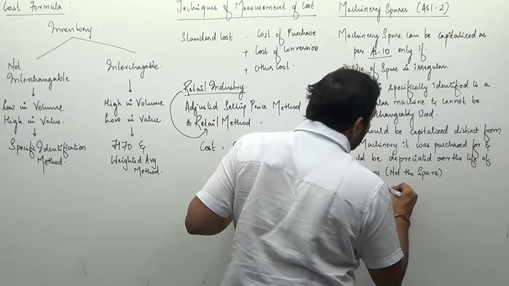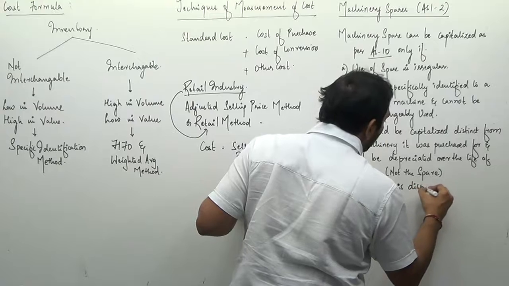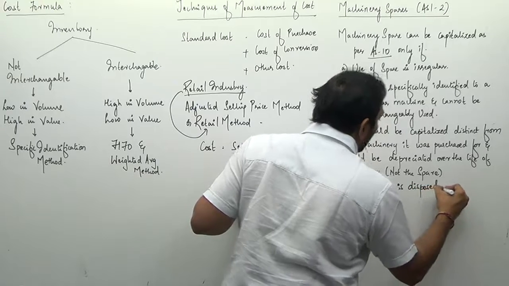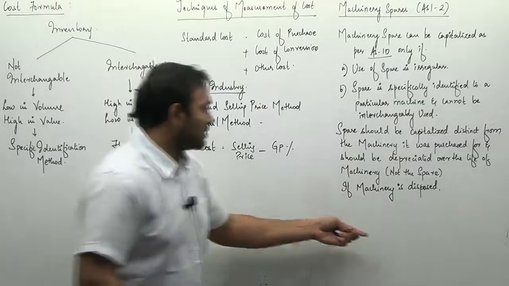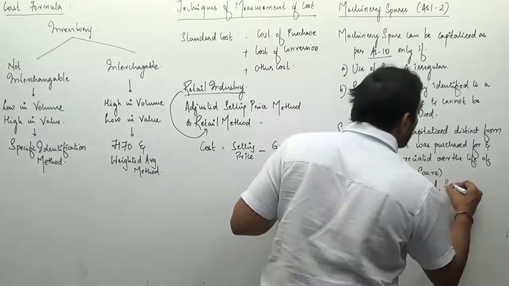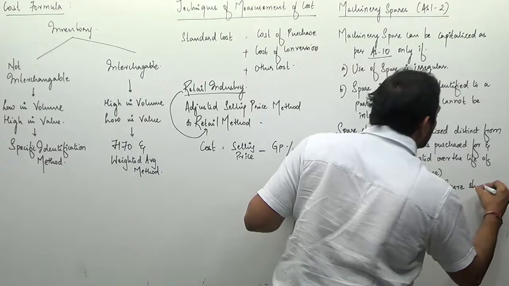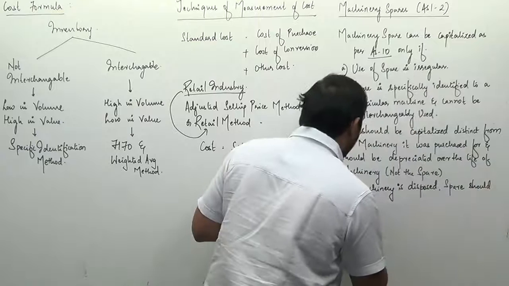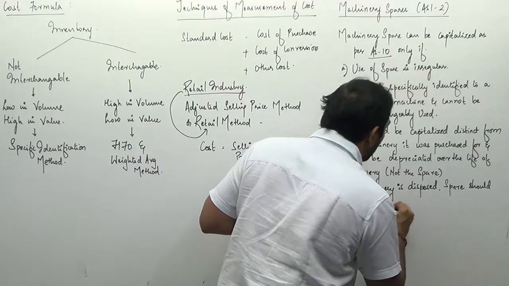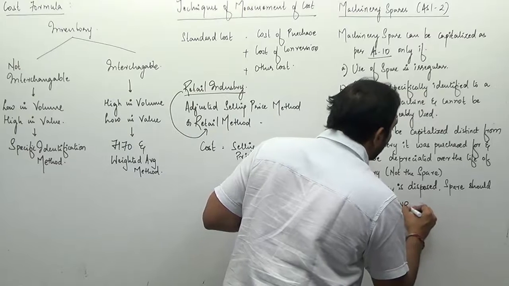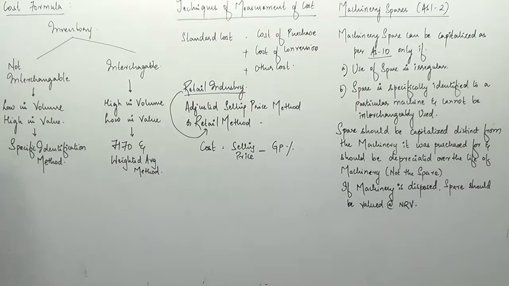If the machinery is disposed, the machinery itself is gone, then what will you do with the spare now? The spare should be valued at NRV because now it is held for sale. Without that machinery, what will I do with the spare?